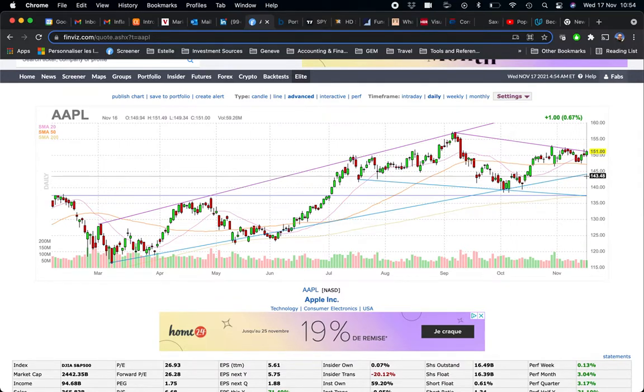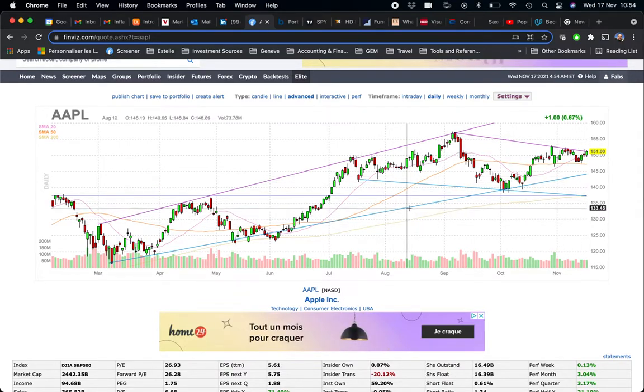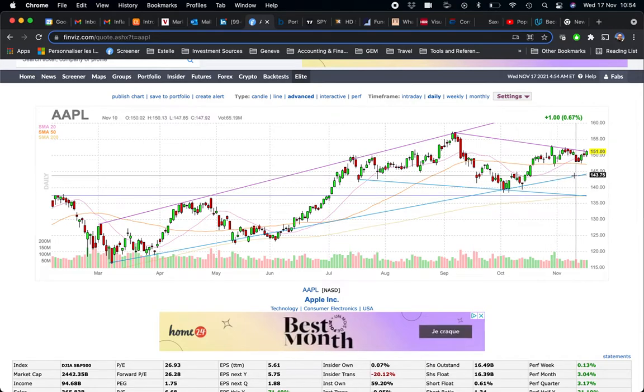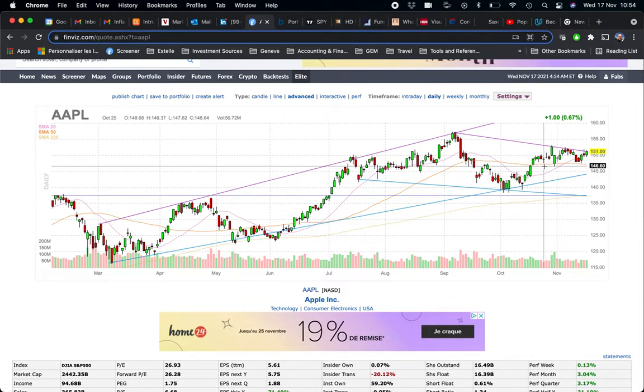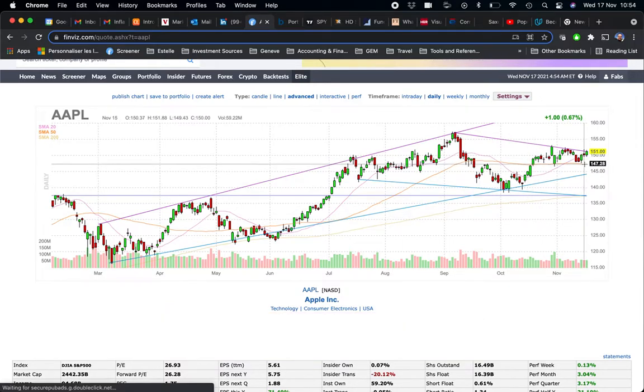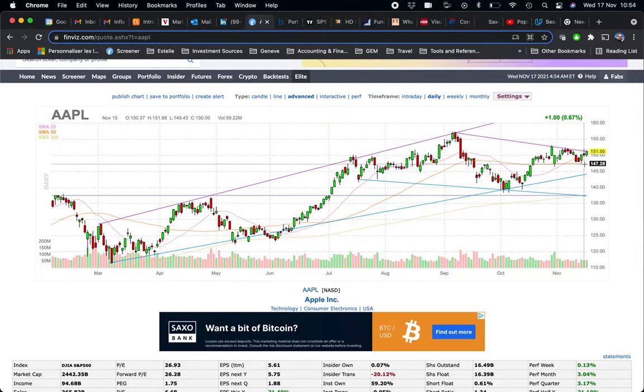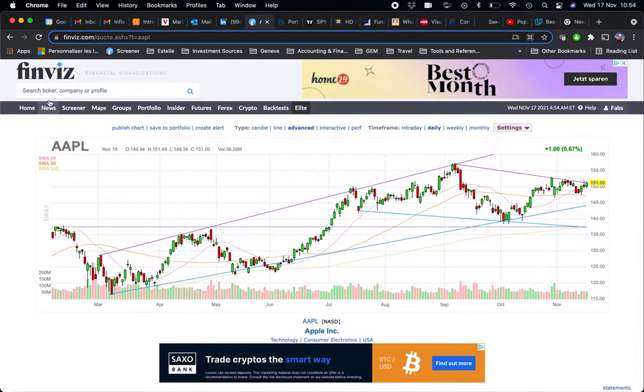The justification is the bullish trend line or the support you see here. So you can just draw a horizontal line here and use the 15-day moving average as a second justification, right? Okay, let's move to another stock.